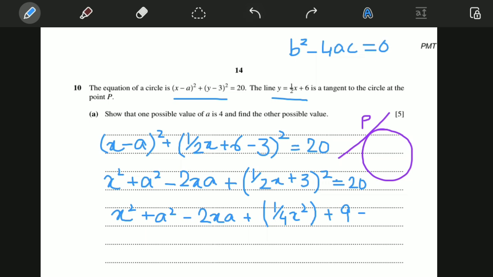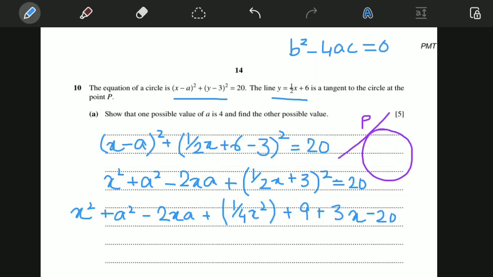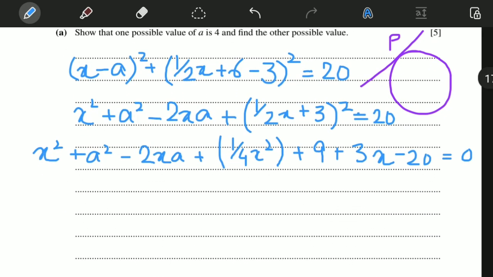Obviously the 2s will cancel, so 3x equals 20, or you can do minus 20 equals 0.